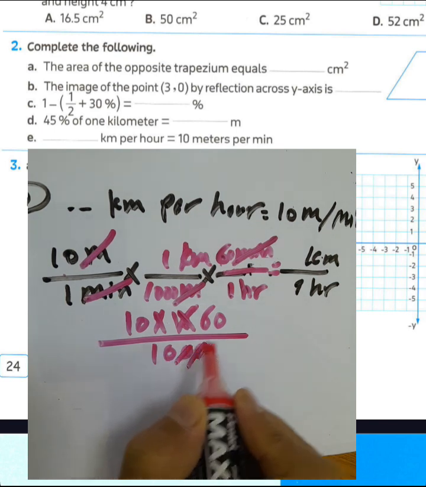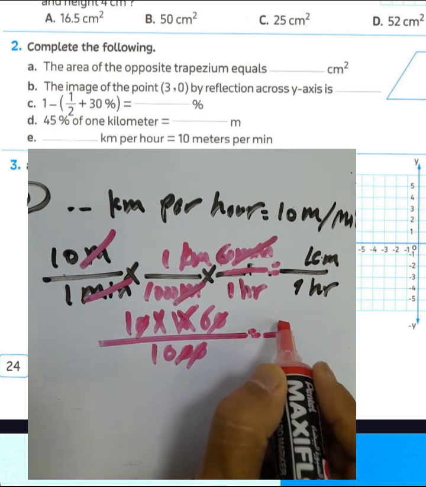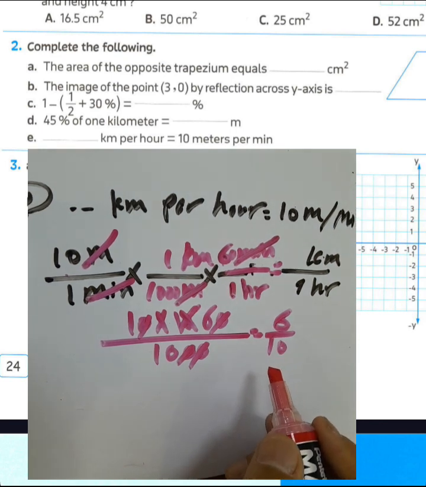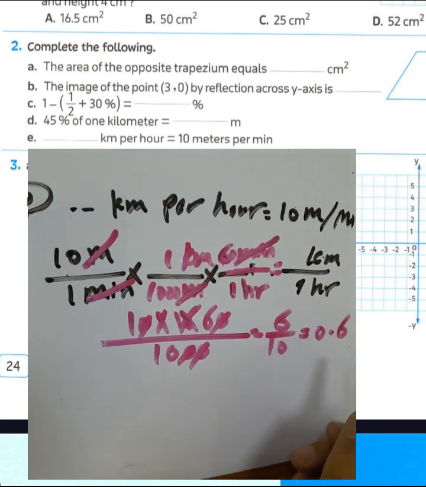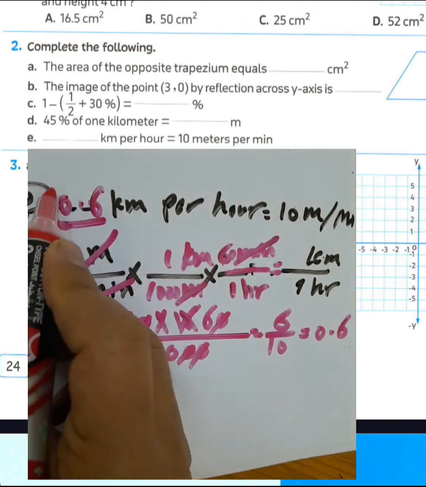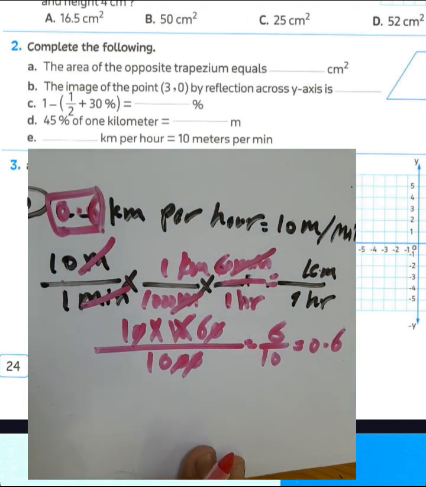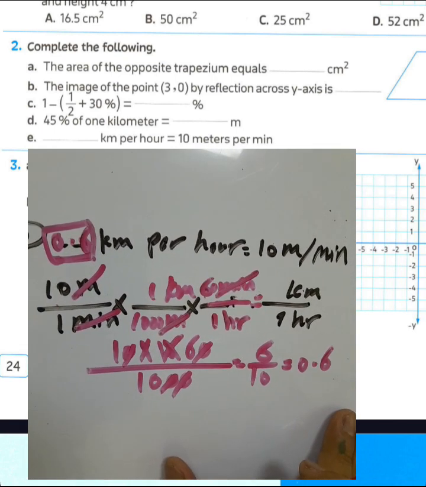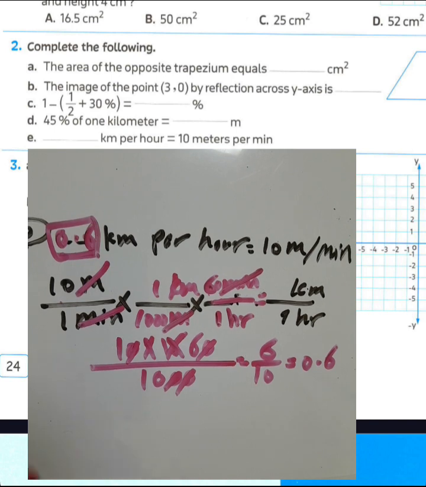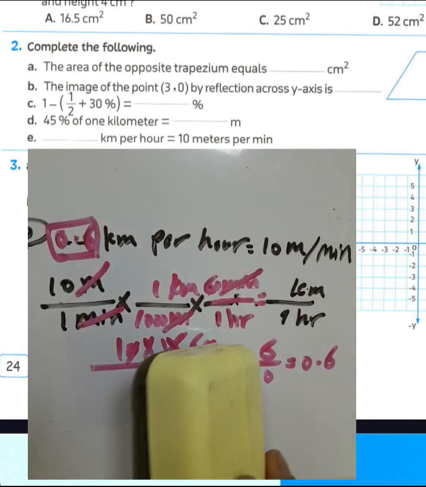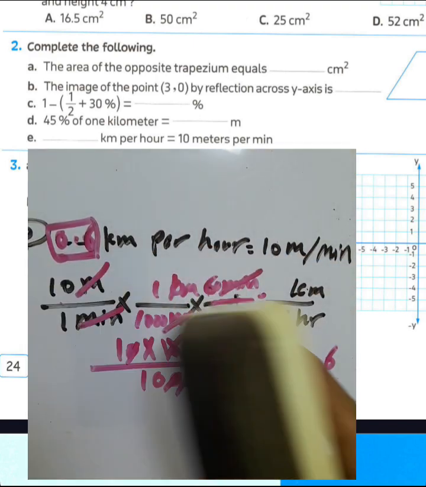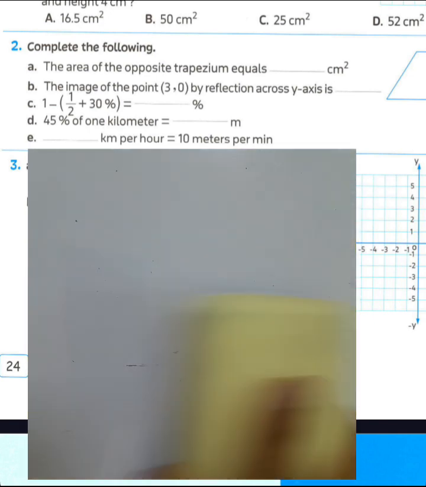You can cancel the double zero by the double zero, and the result will be 6 over 10. 6 over 10 is 0.6. The result will be 0.6. Okay, understood? The result of question letter E is 0.6. You must know these tips. It's very important to convert from meters per minute to kilometers per hour using conversion factors.